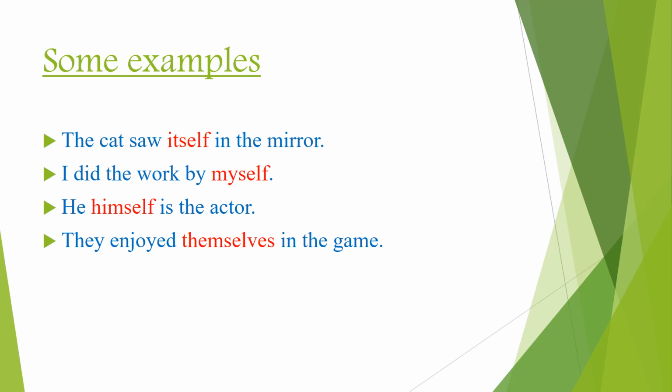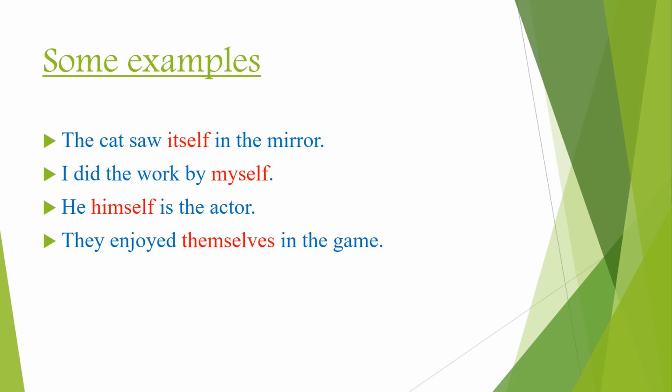And now we move on to the last example sentence. They enjoyed themselves in the game. So they is again a third person on whom I'm saying the sentence. They is again a third person personal pronoun. They enjoyed themselves. Themselves is a plural third person reflexive pronoun.